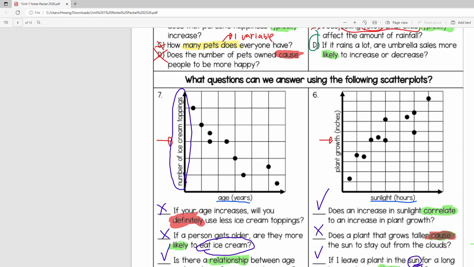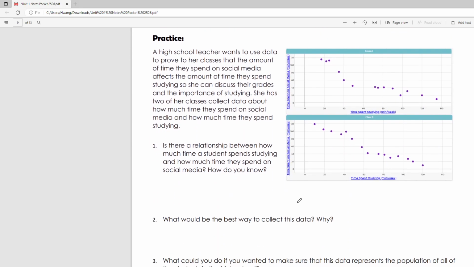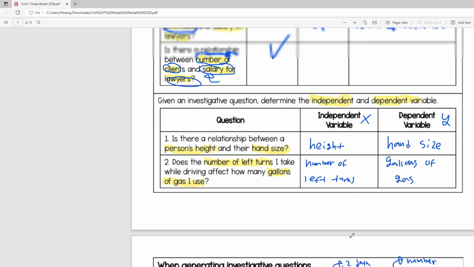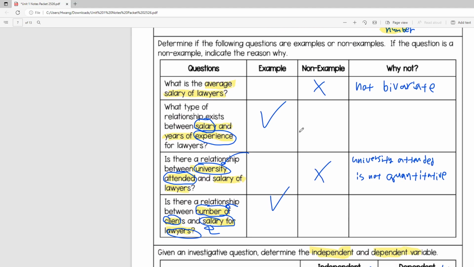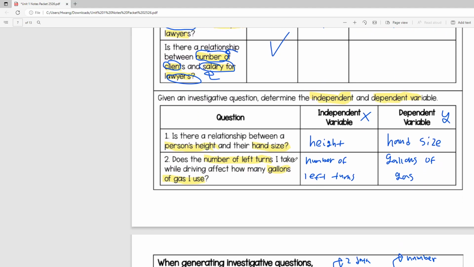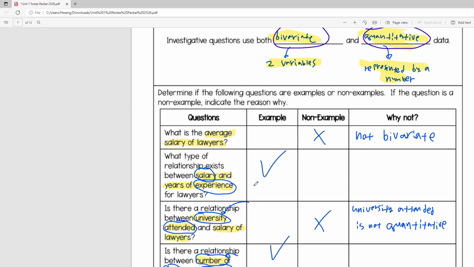So before I close today's video, do the practice by yourself as homework. We went over investigative questions. There should be two variables, and it should be quantitative, represented by a number. We went over various examples of which is an example and which is not.